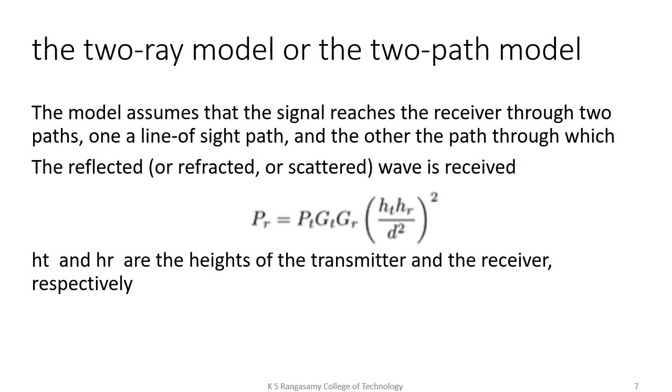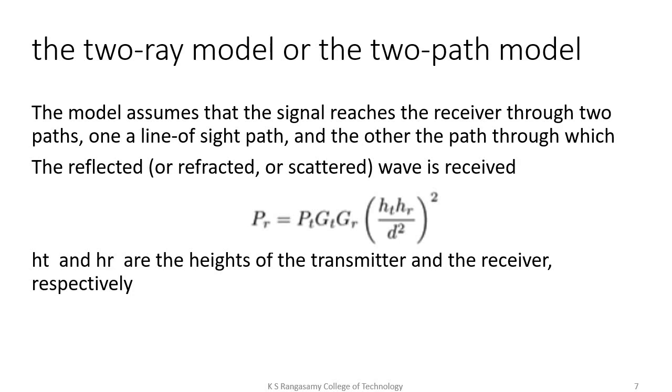The received power is given as PR equals PT GT GR into (HT HR divided by d squared) whole squared. We have already seen PT, the transmitted power, and GT and GR, the transmitter and receiver antenna gains.